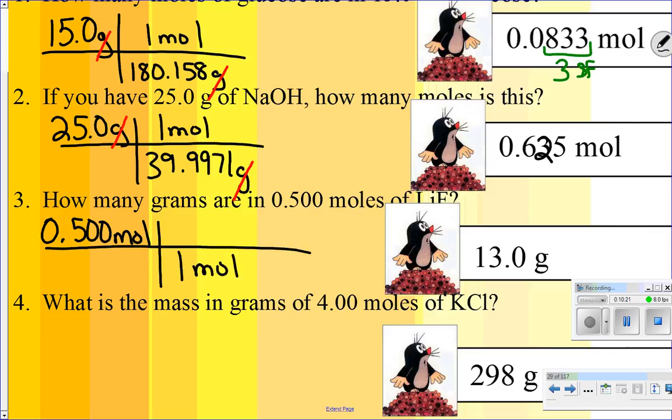So my 25.939 grams is going to go on the top. Moles are going to go away. So I'm going to do 0.5 times 25.939. This comes out to 25.9695. I need 3 sig figs. Really, the only way to get this is to actually round up to 13.0, and that trailing 0 does count.